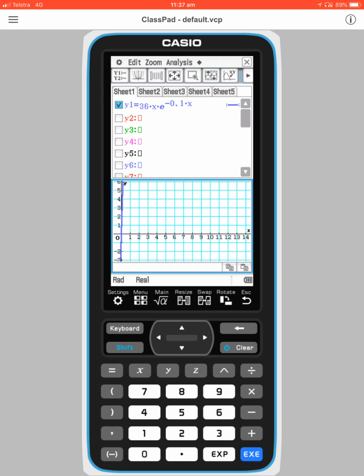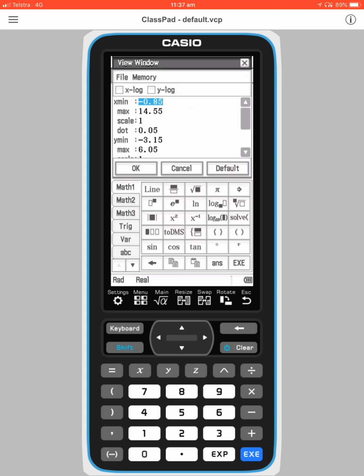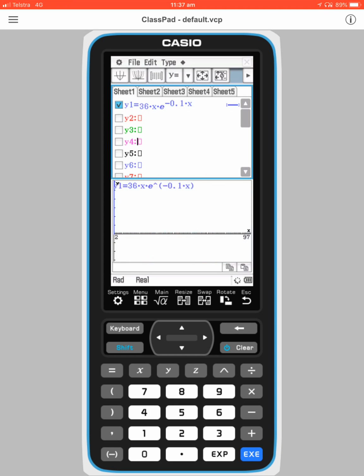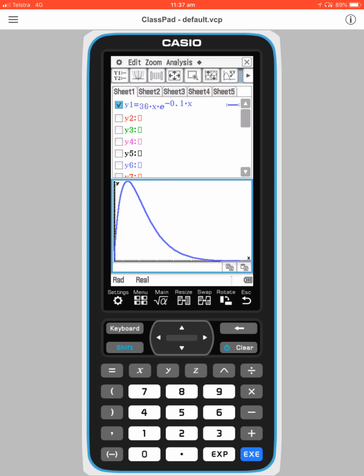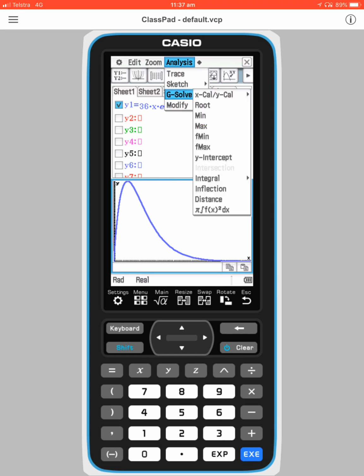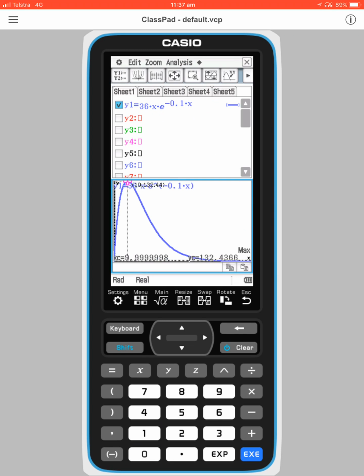Okay, so we know the maximum occurs at 10, so let's go from 0 to 100, and then zoom auto. So there's our graph. Analysis, G-solve, max. It's at 10 and then 132.43.